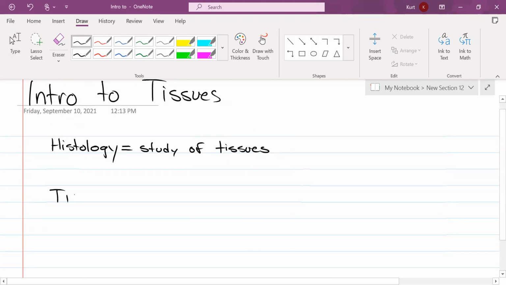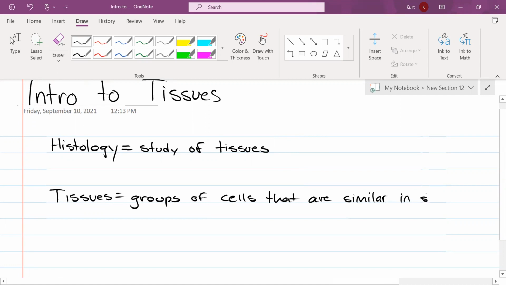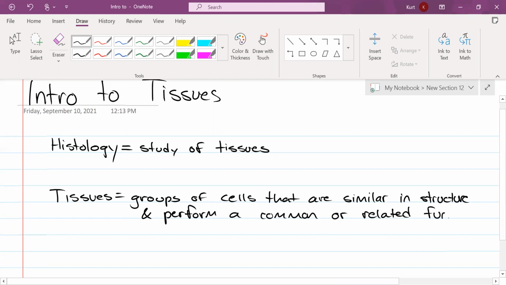So by definition, tissues are groups of cells that work together. We have groups of cells that are similar in structure and perform a common or related function.